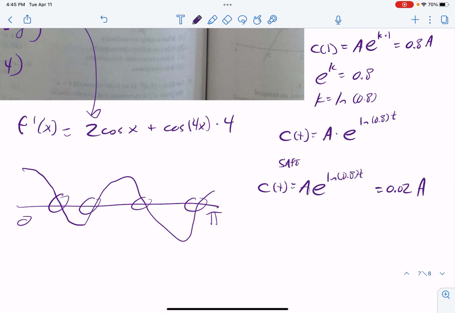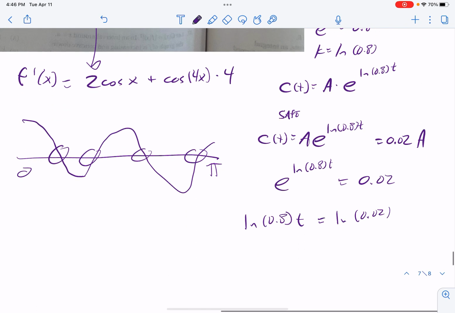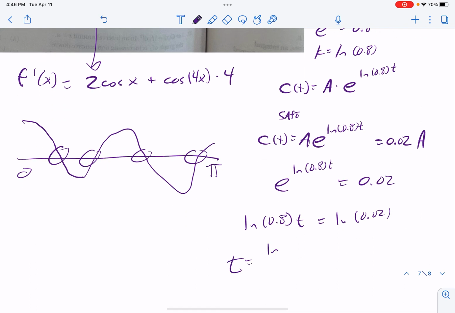So we would solve this. The A's cancel. We have e to the natural log of 0.8t equals 0.02. Take a natural log of each side. I can divide, so t would be the natural log of 0.02 over the natural log of 0.8.